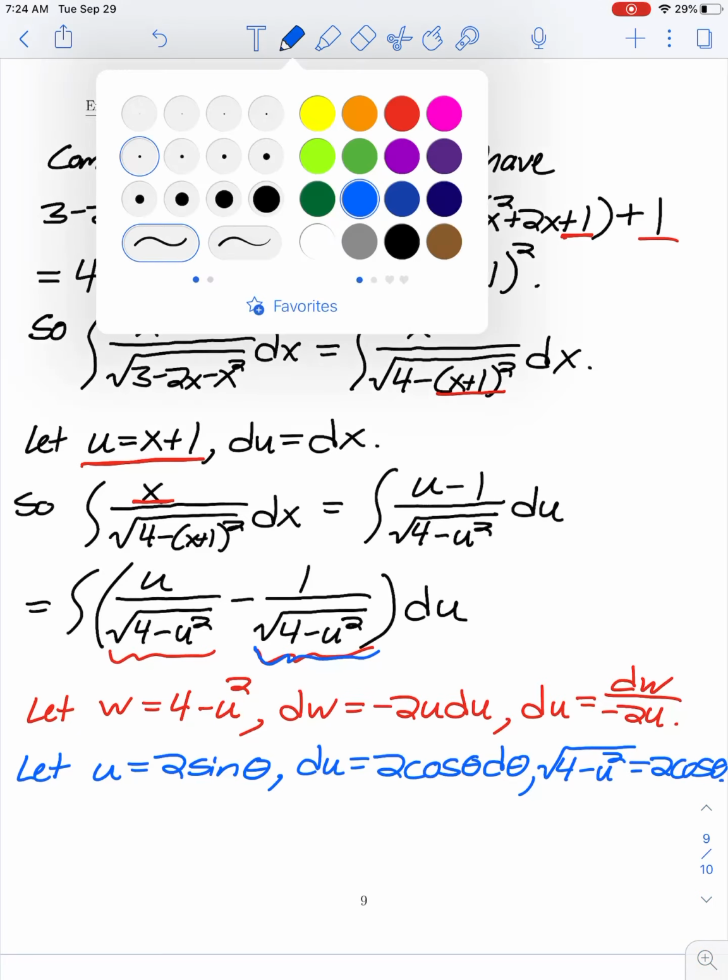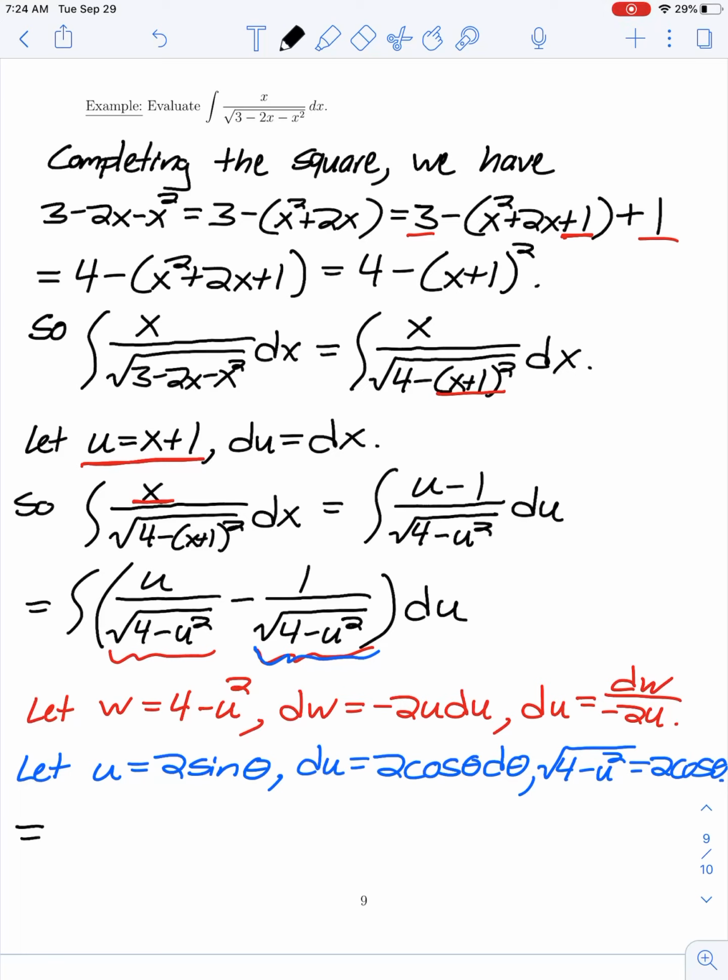So let's rewrite our integrals in terms of these new variables. So our first integral is given by u over the square root of what we called w, and then the du on the end, we said, is given by dw over negative 2u.